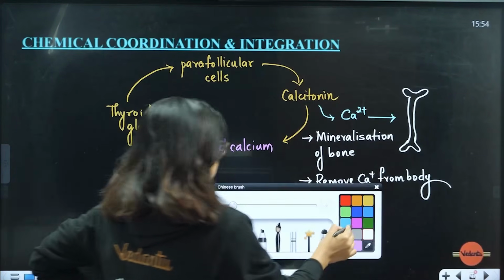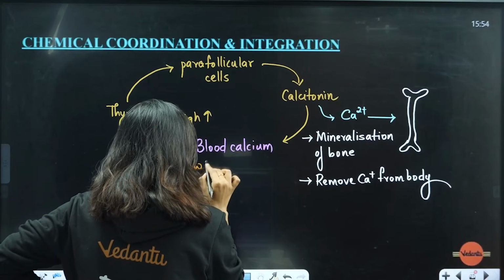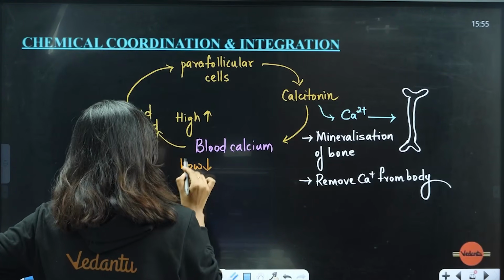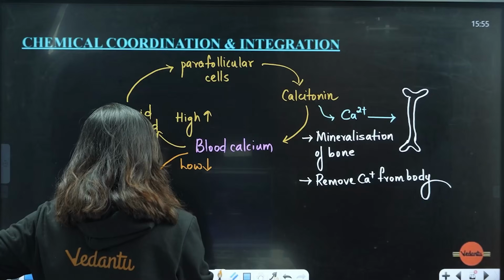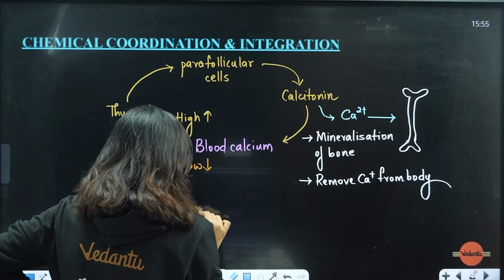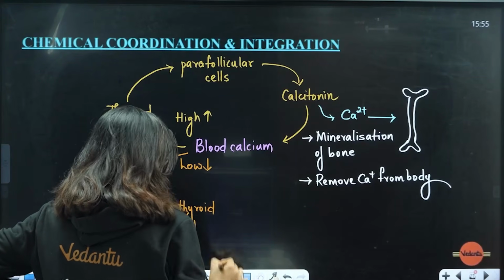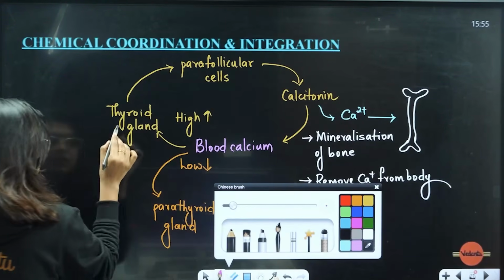Okay, now students, next scenario, calcium is low in the body. Then what will happen? It will activate the parathyroid gland. Students, this is the thyroid gland.